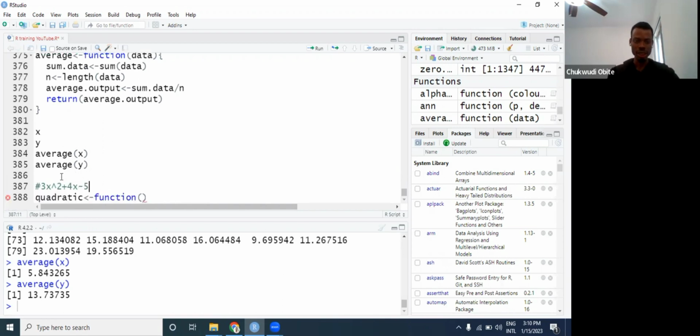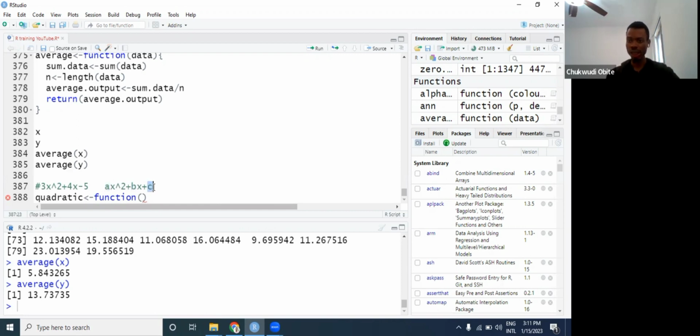Looking at this, 3 is the coefficient of x squared, so 3 is called A, 4 is called B, minus 5 is called C. So we write the quadratic equation as ax raised to the power 2 plus bx plus c. So the variables here, what will be changing, are a, b, and c.